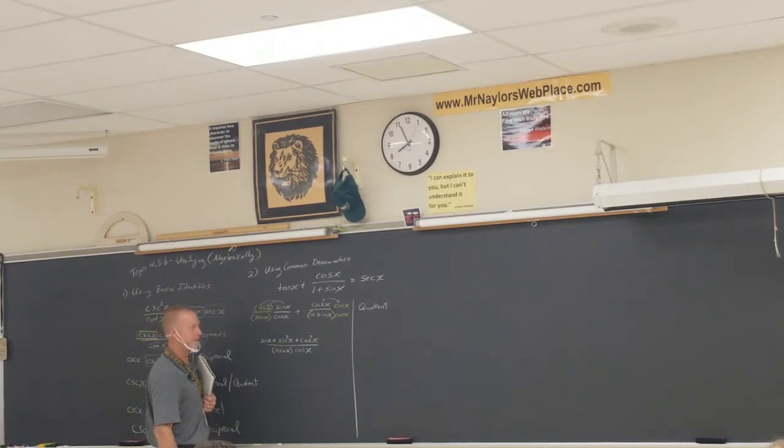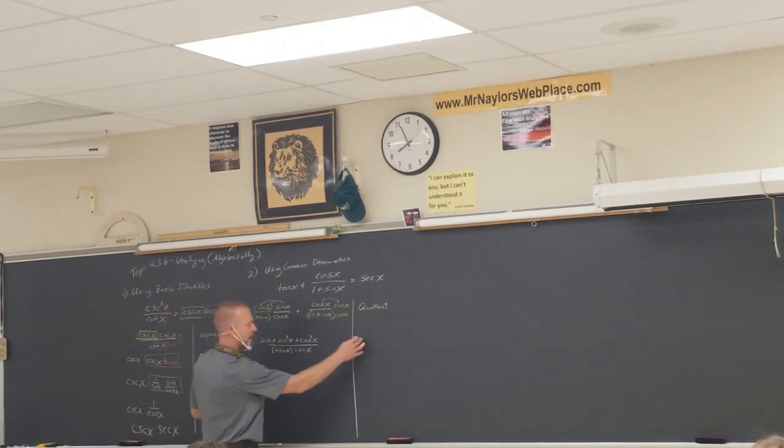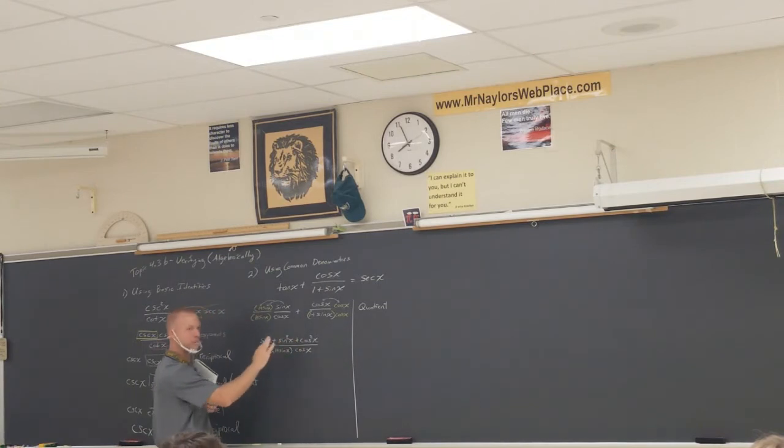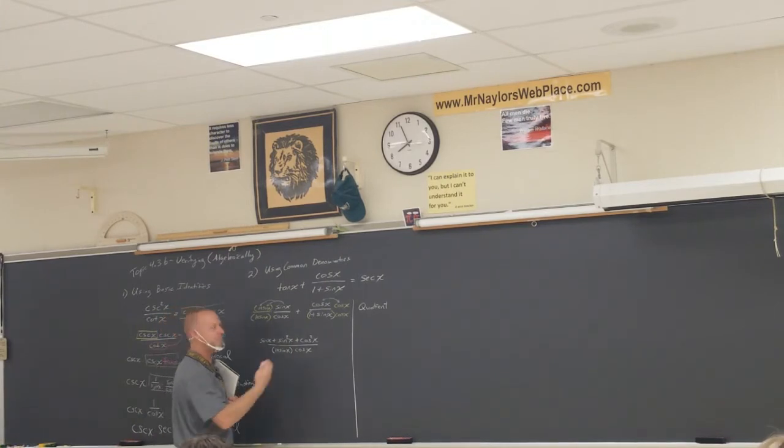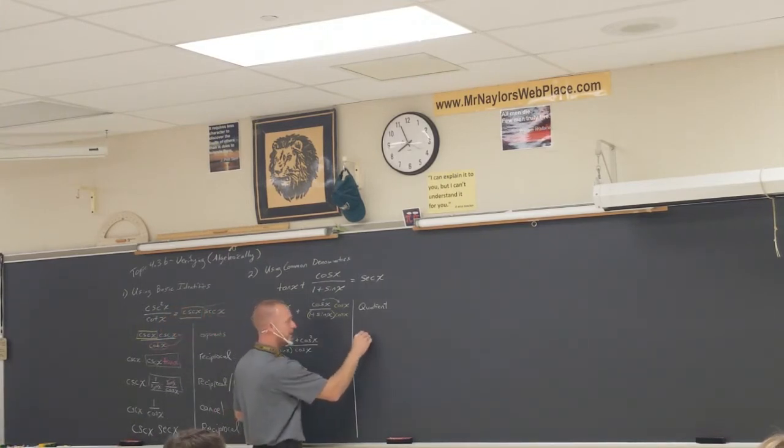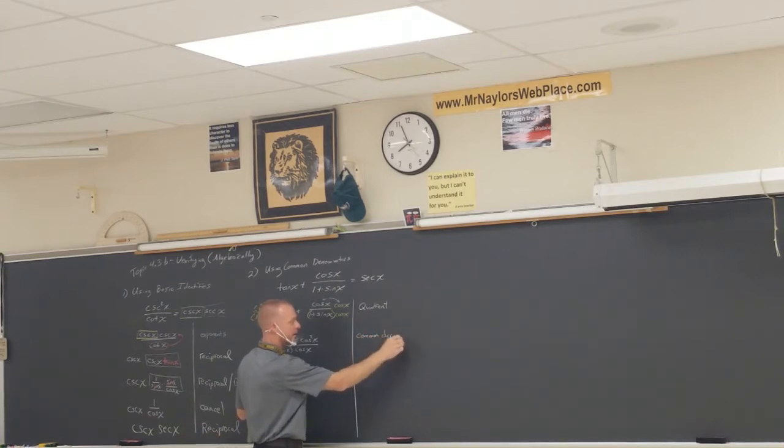What reason would you give? What would you write on this side? This is pure algebra, but I want you to be specific. Don't just say simplify. I think it would be wise to say common denominator. That means that you made a common denominator, and I'll give you credit for that.